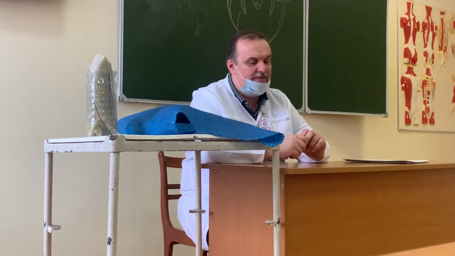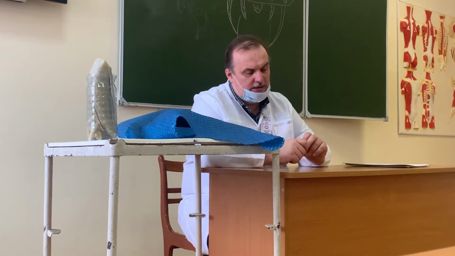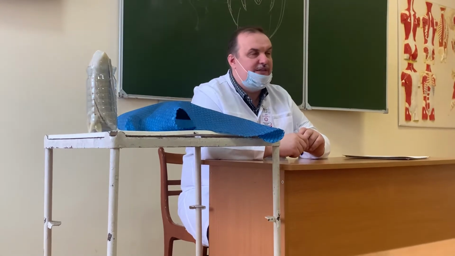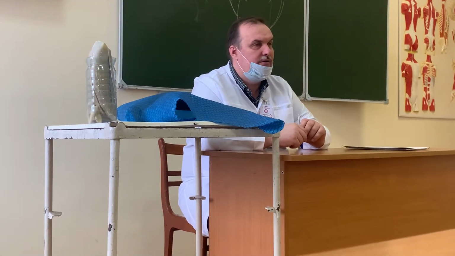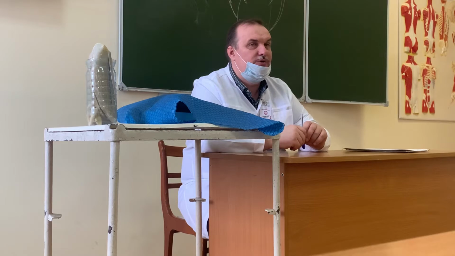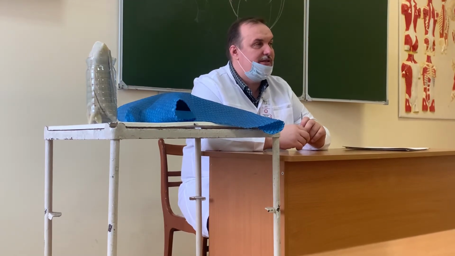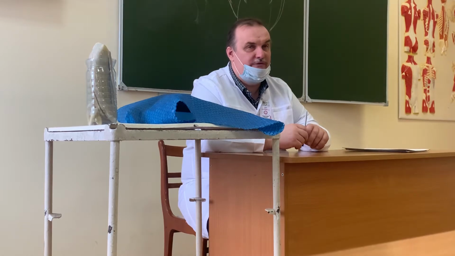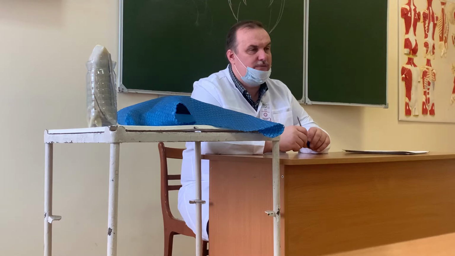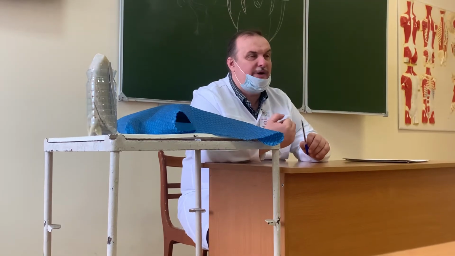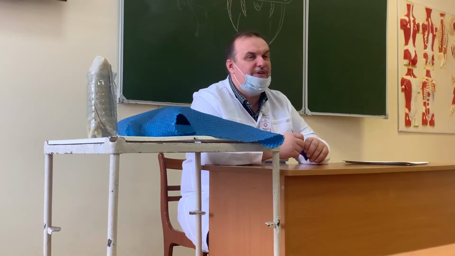What is the function of this lymphoid ring? Why do we need lymphoid tonsils? That is protection from infection, immune function, protection from infection at the beginning of the respiratory way and at the beginning of the digestive tract.